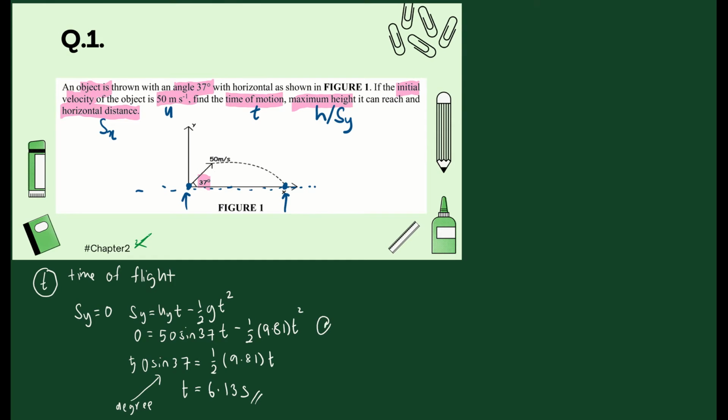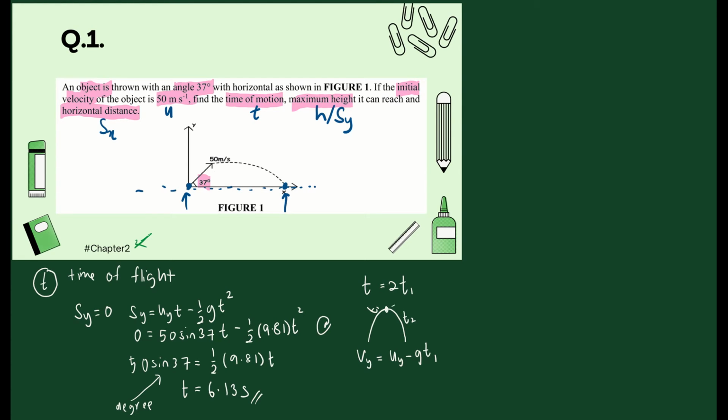Another method of solving this question is to consider time of flight equal to 2 times the time taken for half of the journey, meaning the time taken for reaching the maximum height, T1, and when it goes down until it reaches the final point, T2. So how to solve this? We apply the equation Vy = Uy minus G T1.